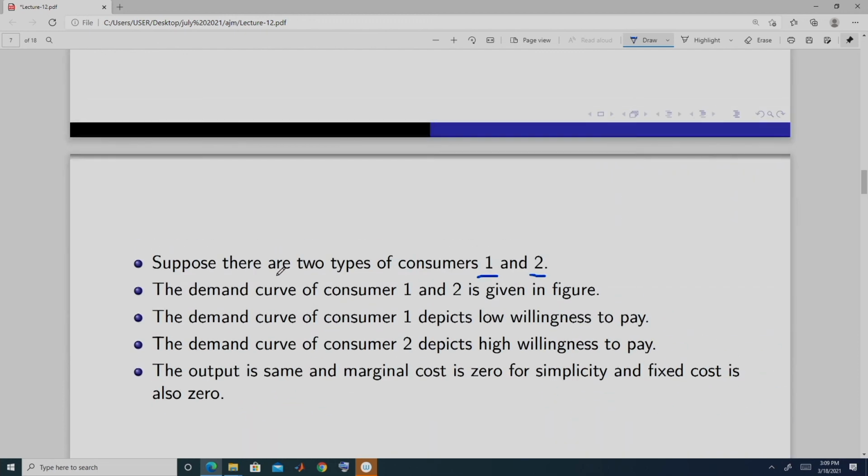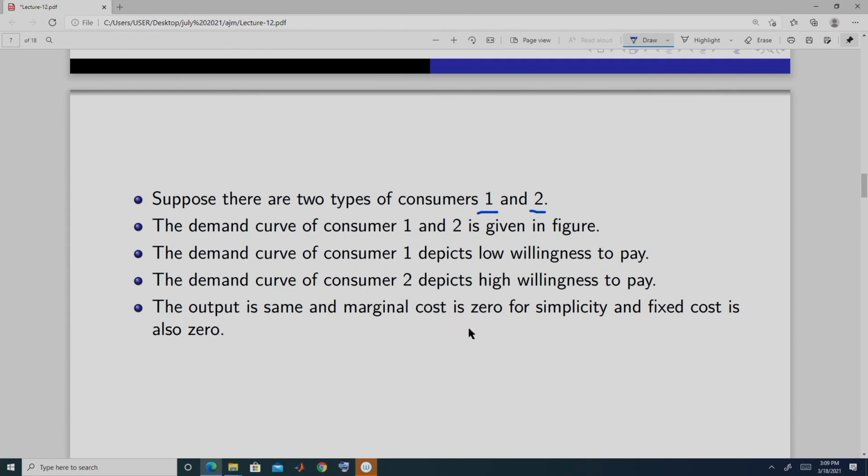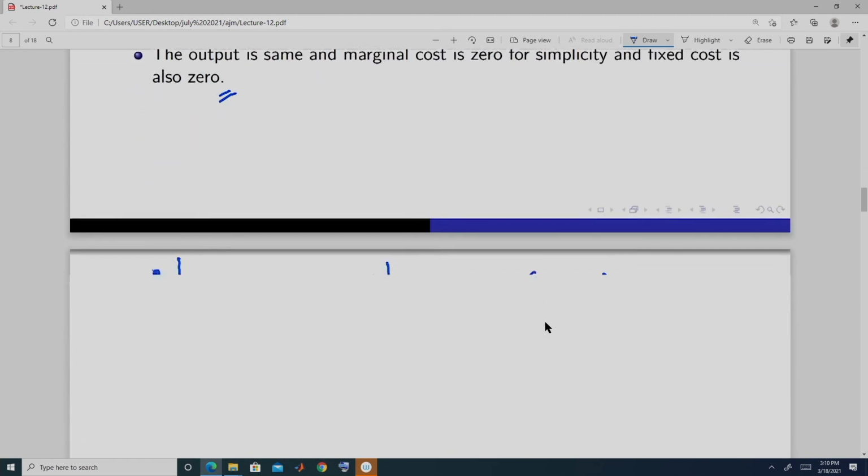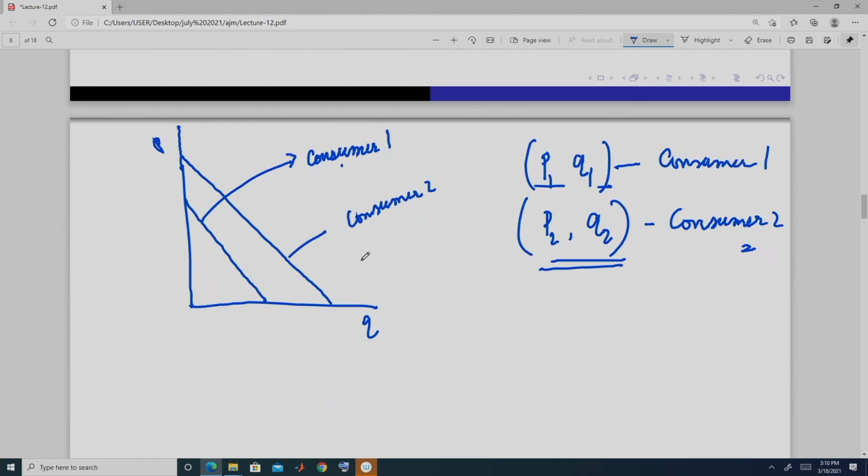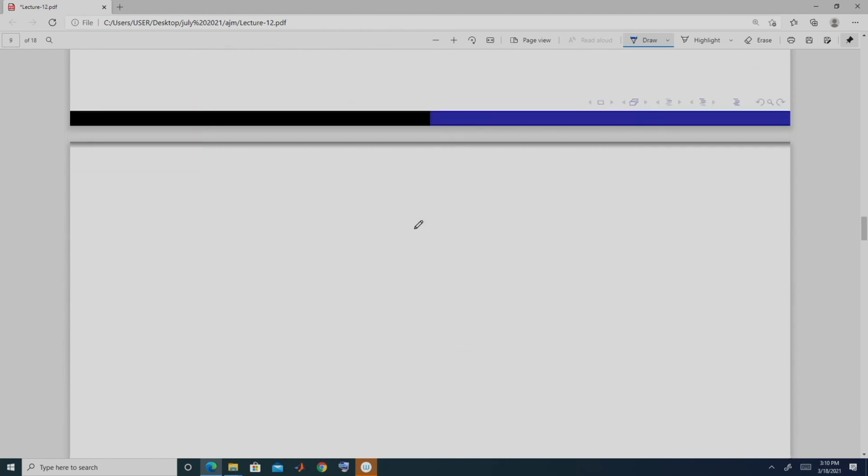Here we make a further assumption that the marginal cost is 0 and the fixed cost is 0, so the cost is completely 0. That is a simplifying assumption because it gives us an easier way to analyze a simple case.